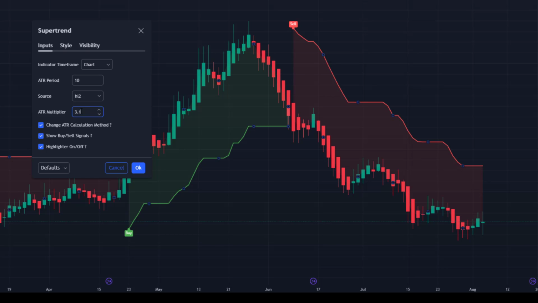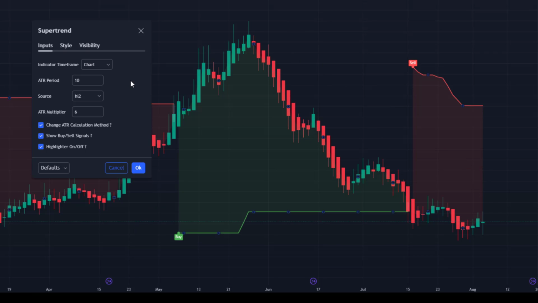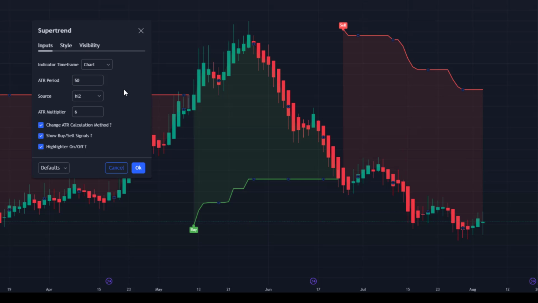Again, if we just play around with some of those numbers, let's take that up to 6. I'm making up these inputs. You can see instantly how it changes, and then you change the ATR to 15, you've got a completely new picture, but you can see how it's affected against the price there, taking out a lot of the noise. Maybe more useful, like I said, for a longer term viewpoint.